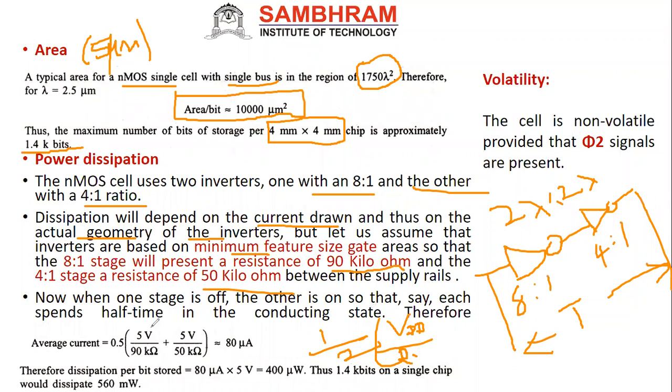That is 5 volt by 90 kilo ohm, plus 5 volt, that is VDD, divided by the resistance of the second stage, which is 50 kilo ohm. So totally I will get 80 microampere.